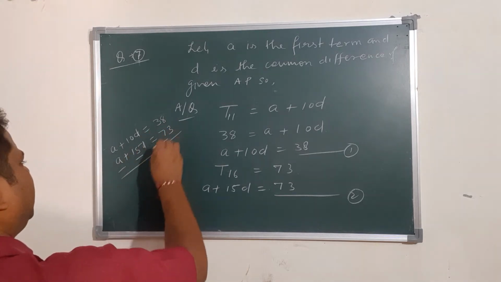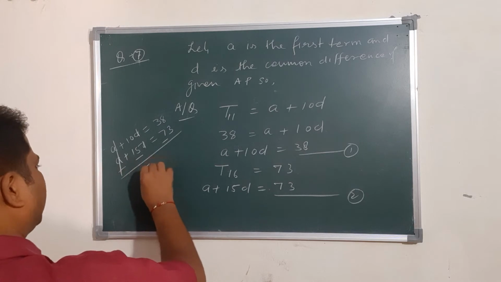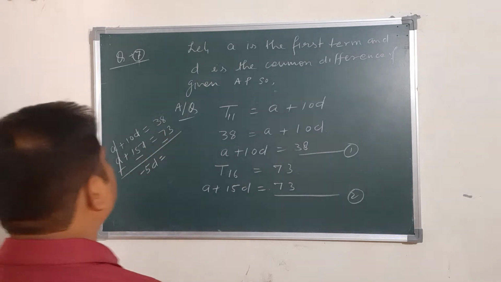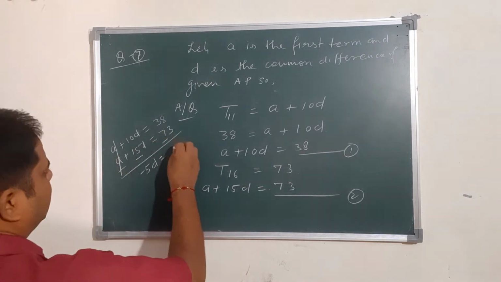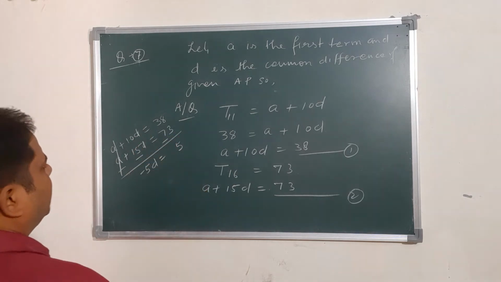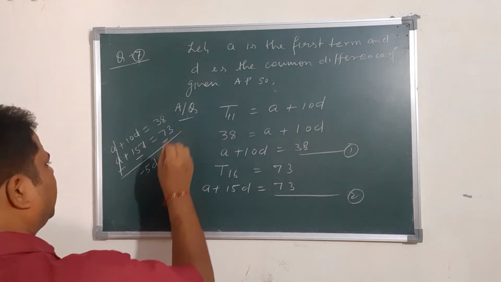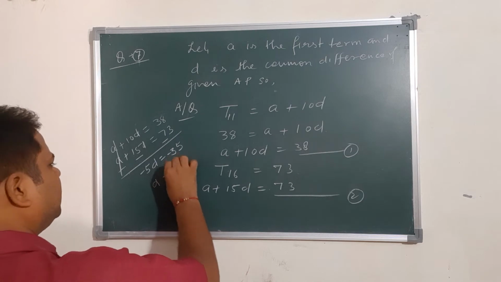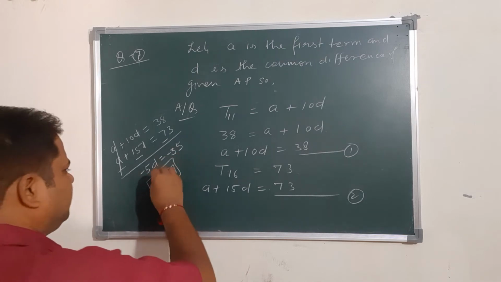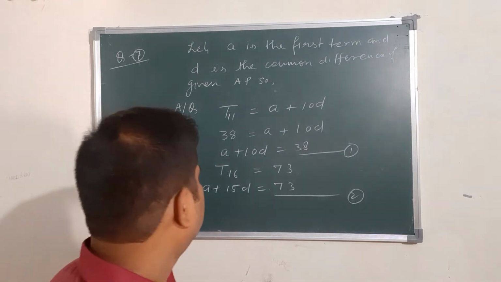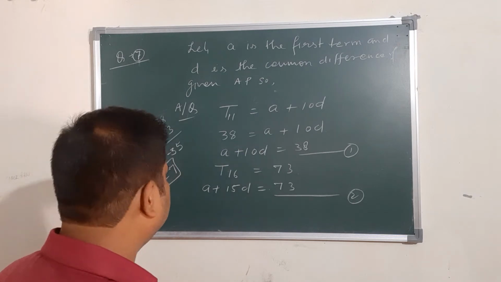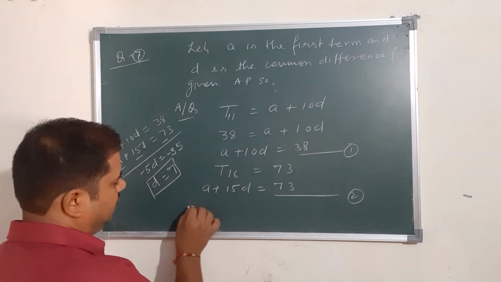Now subtracting, we get minus 5D is equal to minus 35. So D is equal to 7 because 5 sevens are 35. Putting the value of D in any one of the equations, we will get the value of A.